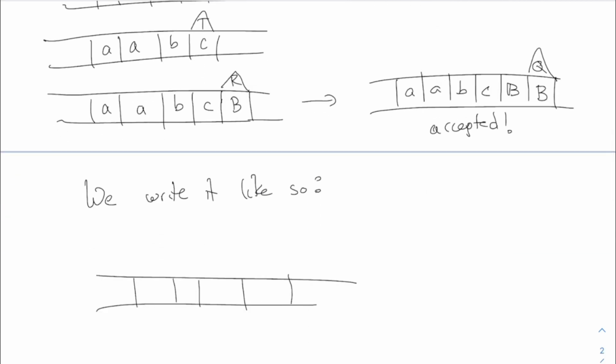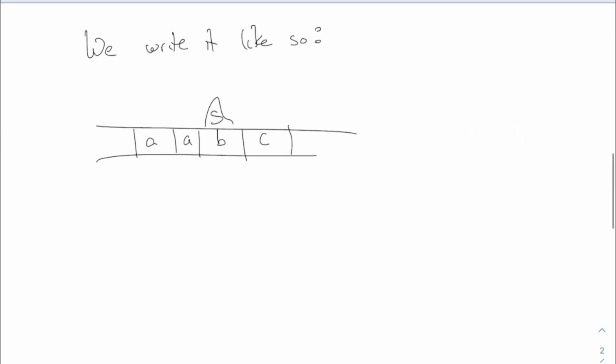A, B, C. Say that was one of my intermediate steps. This is going to be written as, they call these an ID also. Like in a stack machine, they call these IDs. It's just a description of exactly what is going on at this particular step. The way that we're going to write this is like this, A, S, B, C.